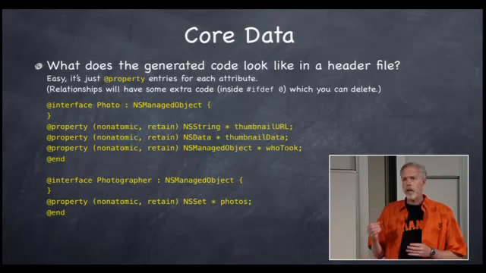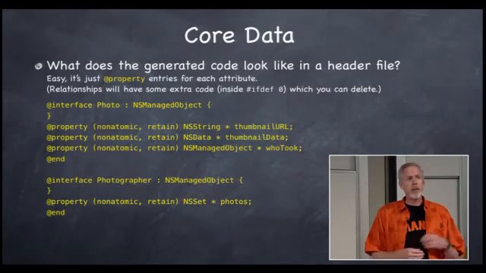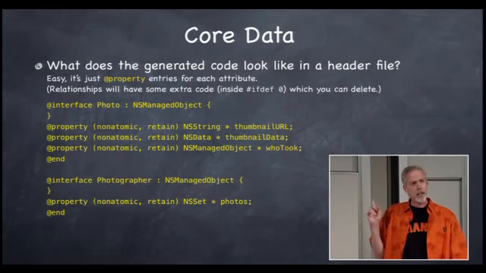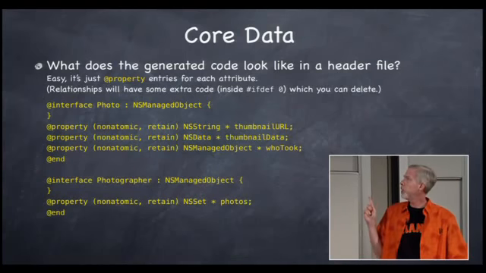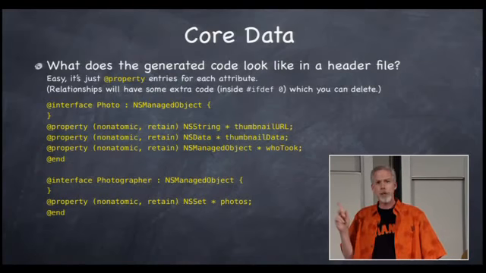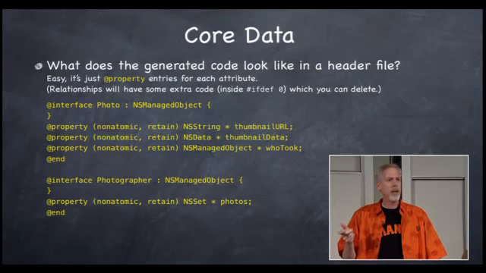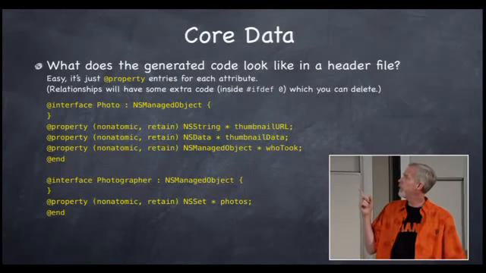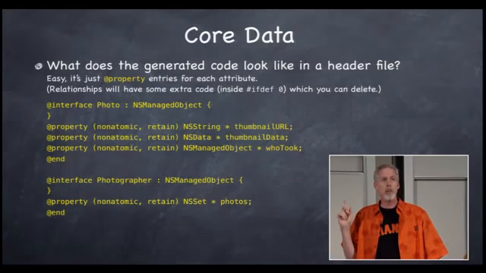Now, one thing I didn't show here, but that you'll see when you start doing the copy and paste and the generation, is that when you have an NSSet-like relationship, it's also going to create some nice stubs for some methods you can use to add one photo to that set, for example. Because otherwise, if you wanted to add a photo to this set, you'll notice that NSSet star is immutable.